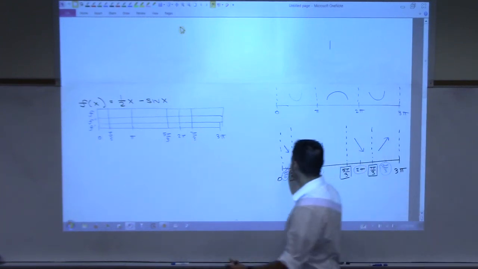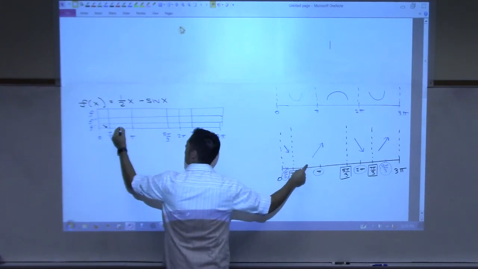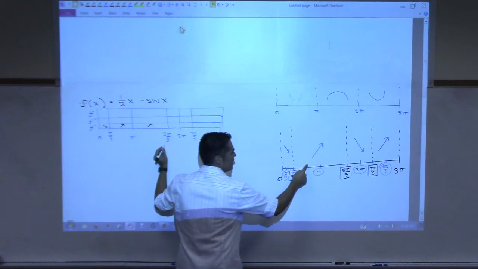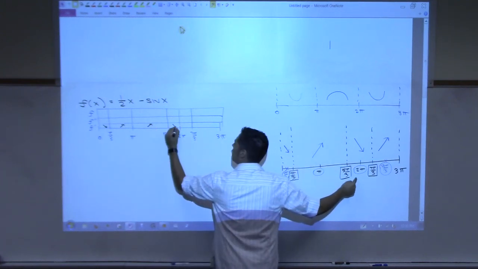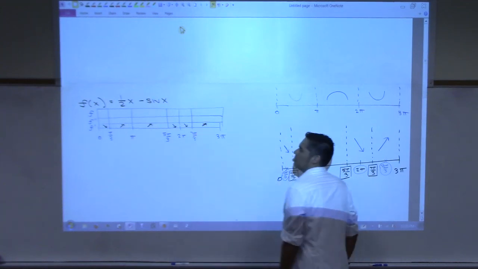It goes down right here, and then up until I get to 5 pi over 3, and then down until I get to 7 pi over 3, and then up until I get to 3 pi.